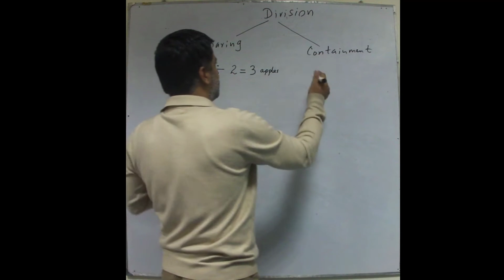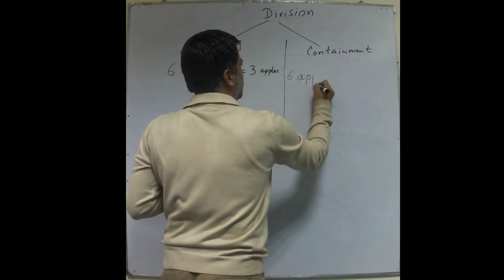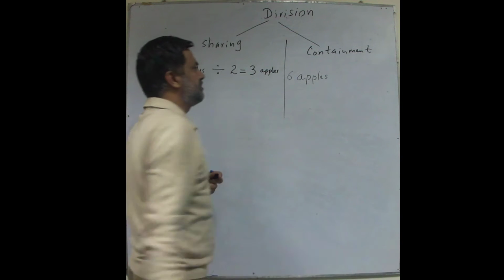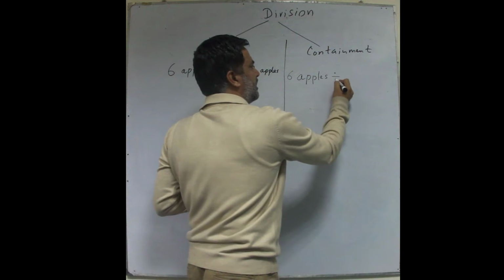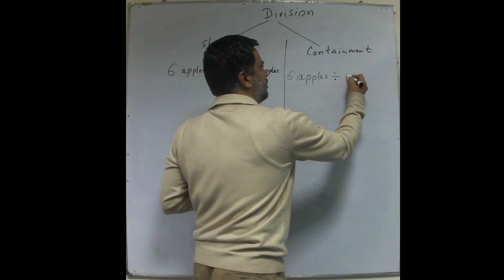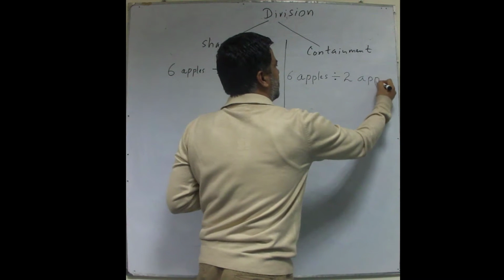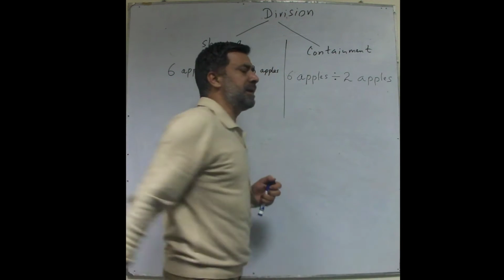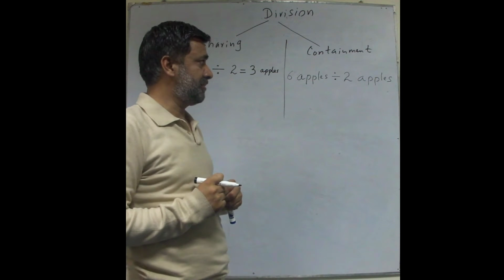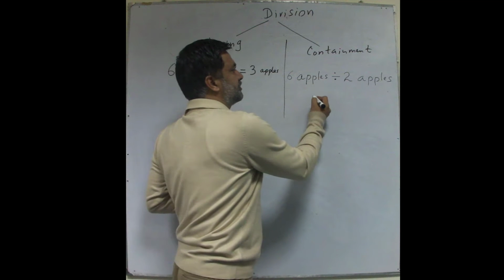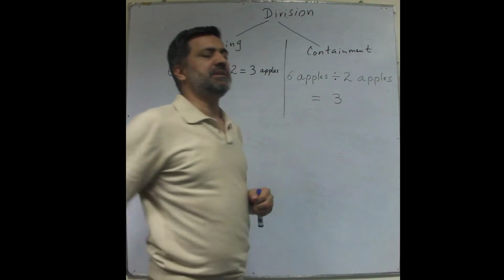And the containment interpretation will be: 6 apples, and say you want to give 2 apples to each person. You don't know how many persons you have. So this can be given to 3 persons.